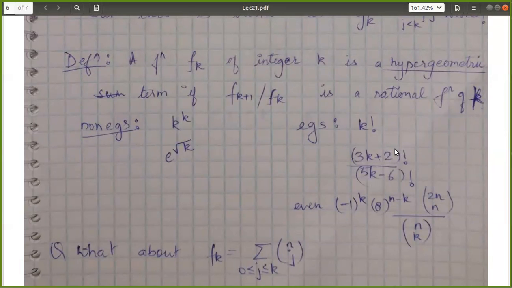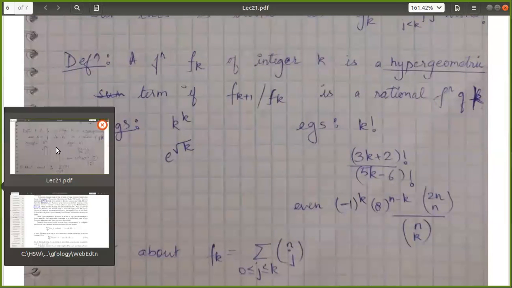In the numerator, you will have some factorial, in the denominator, you'll have some factorial, and with the consecutive terms, only one or two terms are left out, and the rest everything cancels. So that contains a huge class of hypergeometric terms.